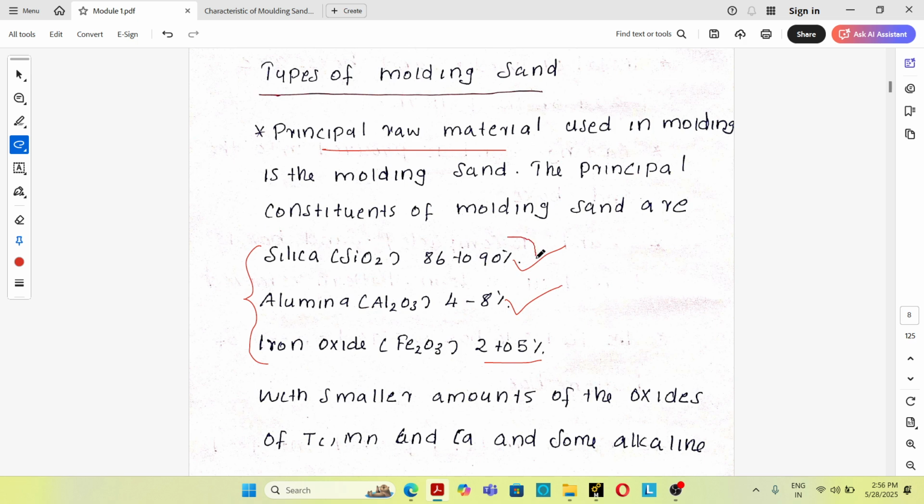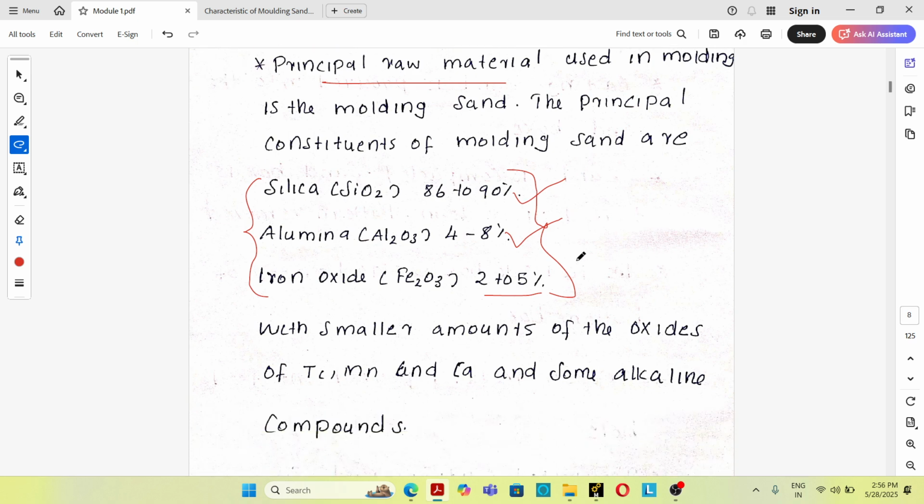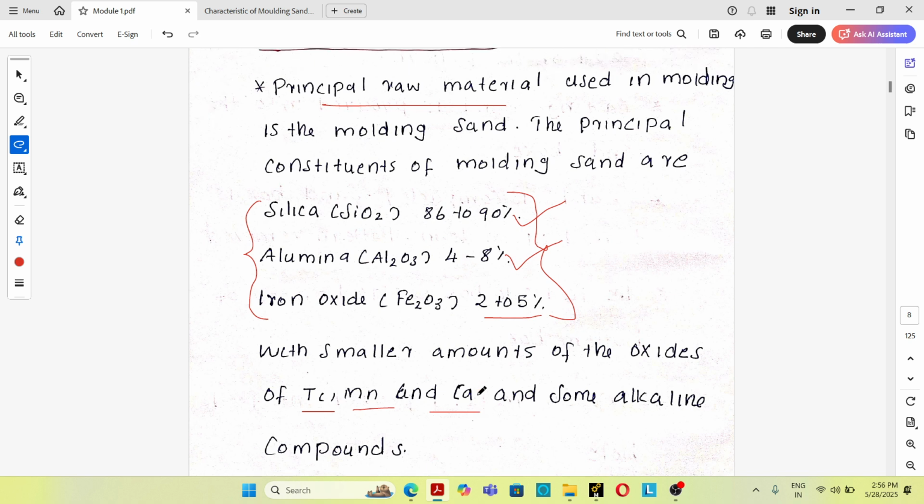So these three are the principal constituents used in the sand for making sand mold. In addition to that, a small amount of oxides of titanium, manganese and calcium and some alkaline compounds are also added to improve the properties of the sand mixture. So basically the sand mixture consists of silica, alumina, and iron oxide.